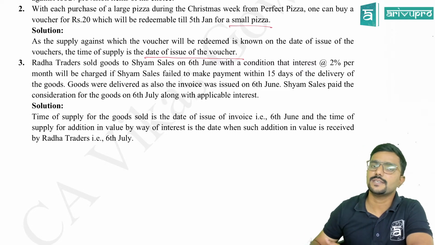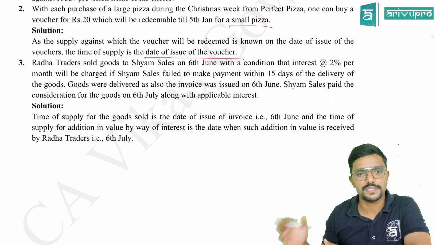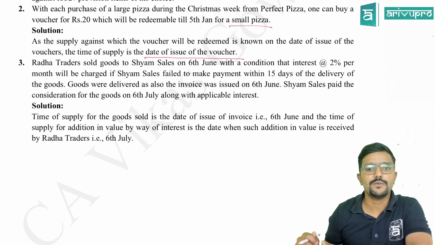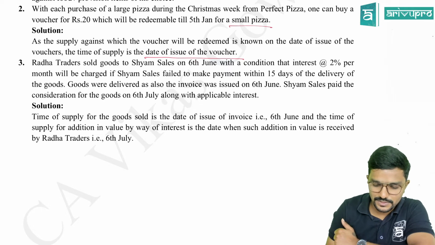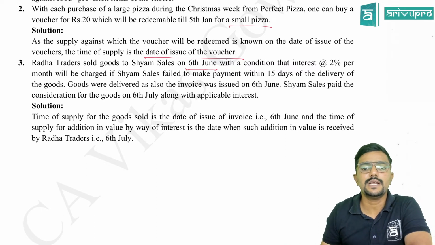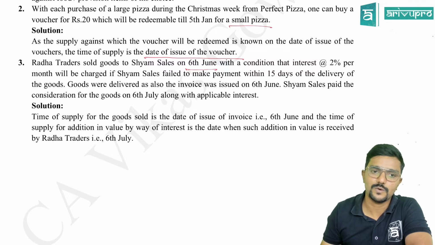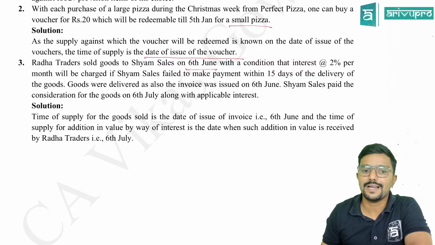So Radha Traders is the supplier, Sham Sales is the recipient. Goods were delivered, and the invoice was issued, on 6th June.